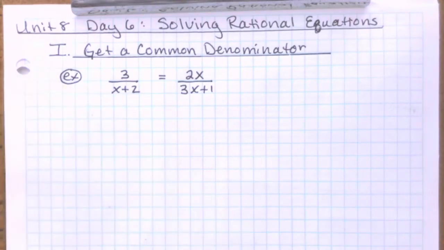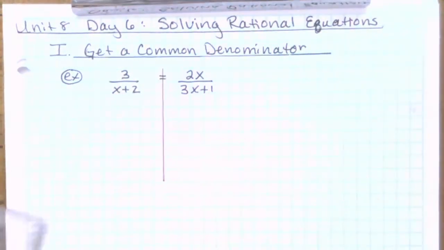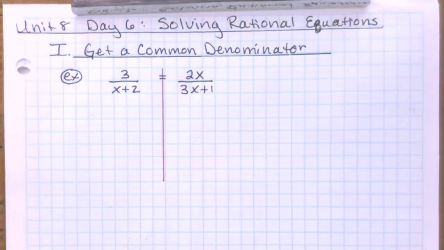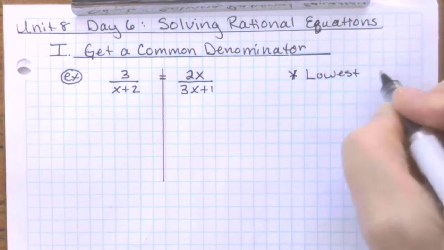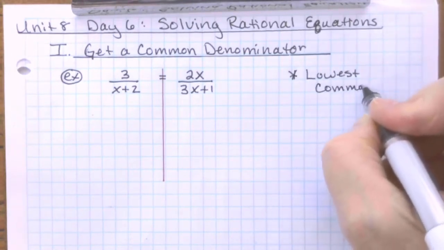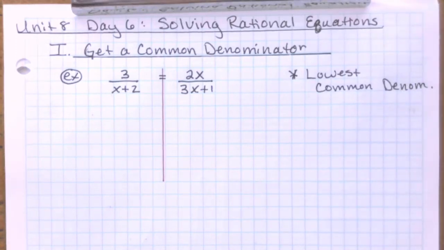All right, so the first technique we're going to look at is solving by getting a common denominator. So when you're getting a common denominator, really what you're doing is you are obeying the equal sign absolutely. So to get a common denominator, first off, you want the lowest common denominator. If you go any higher than the minimum, many of the problems will not be solvable. You'll get stuck at the end.